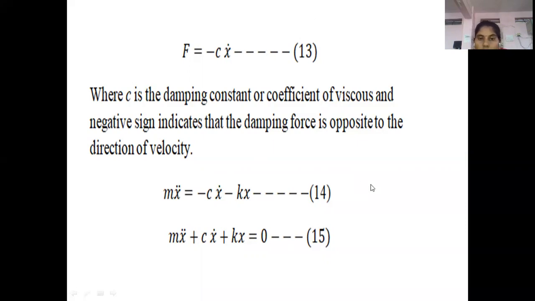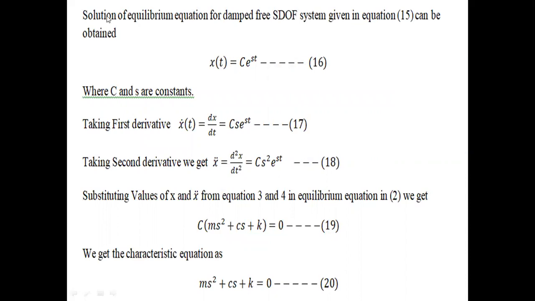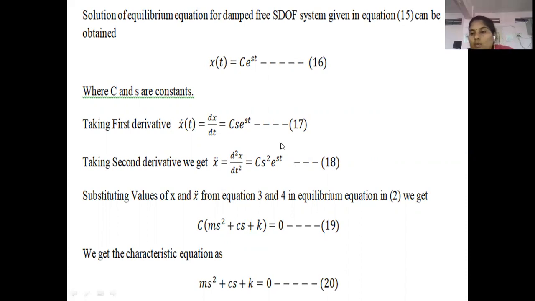Now we'll see the next step, which is the same as for equation number 1. For solving this quadratic equation, we have to put the value of x of t in terms of c into e raised to st. We should know x of t, x dot of t, and x double dot of t, and put these three values into equation number 15.